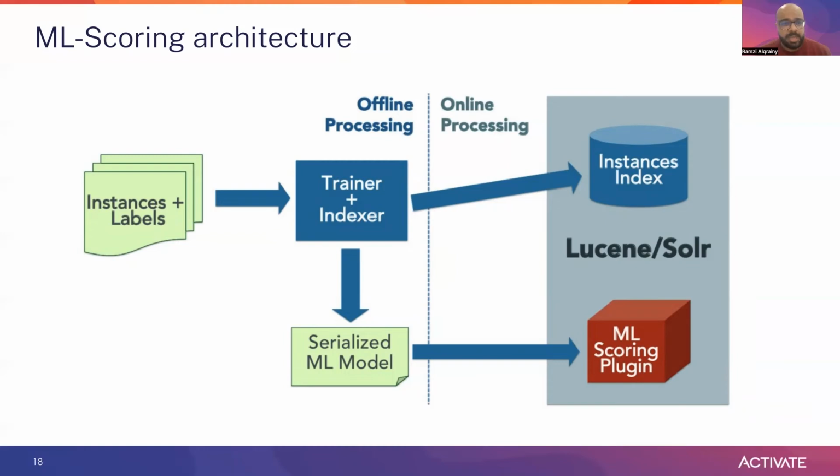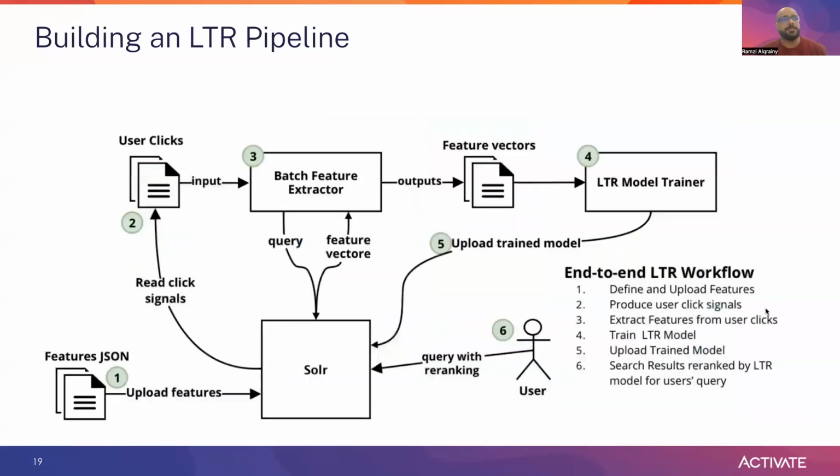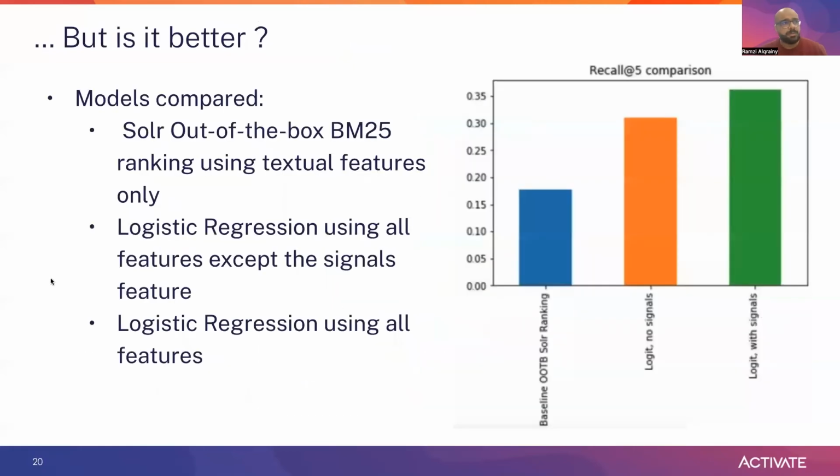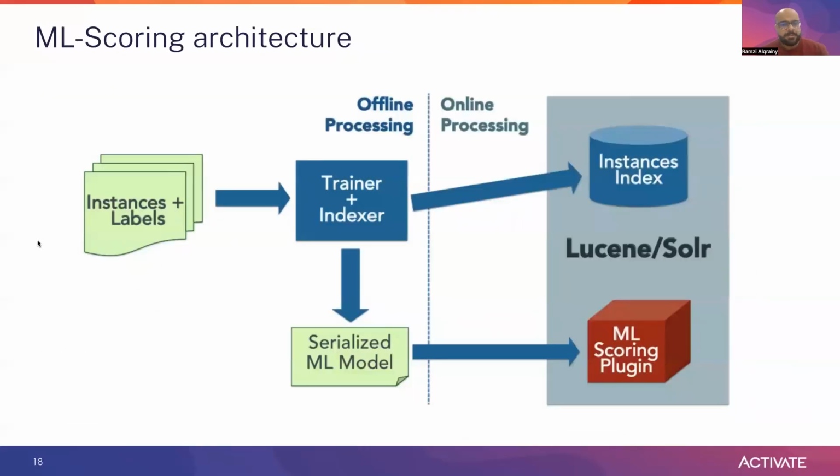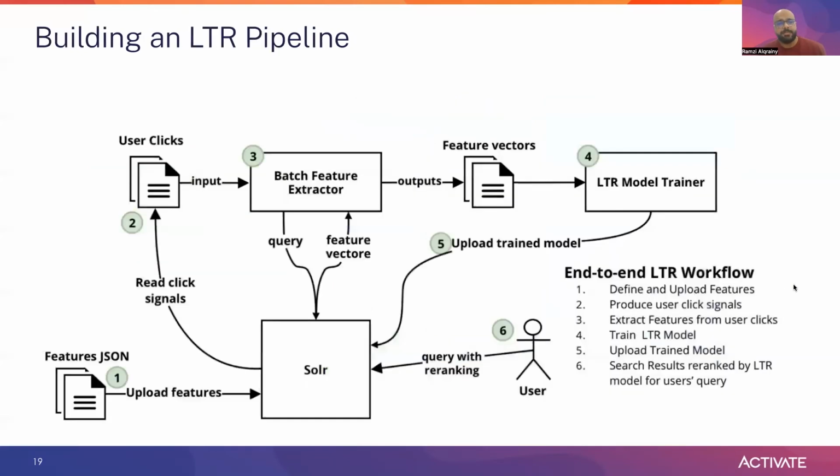What this means is that you are effectively doing the evaluation of the ranking model inside search, and you can do that because with Lucene you can plug in the engine. So what we have here is how this machine learning scoring architecture works, where the phases of filtering and ranking all happen in one step.